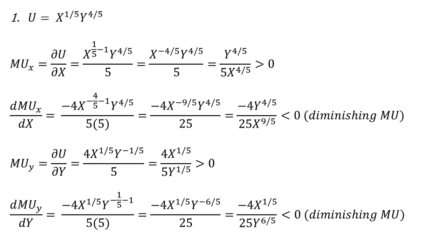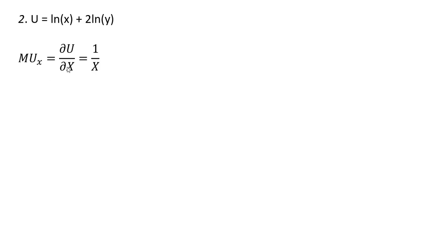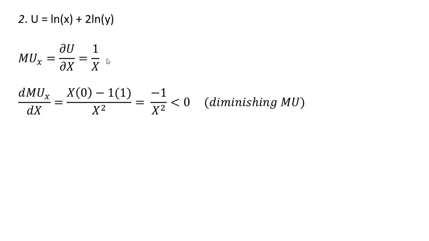Let's do some other examples. Here we have utility as a function of x and y, but this time we have some natural logs in here. So we get the marginal utility of good x. Following the rules of taking a derivative of natural logs, it's just going to be 1 over x. So that is positive, but what about the second derivative, or taking the derivative of marginal utility with respect to x?